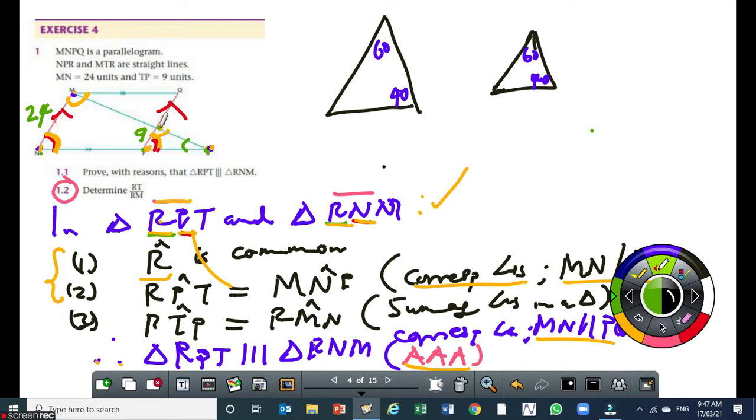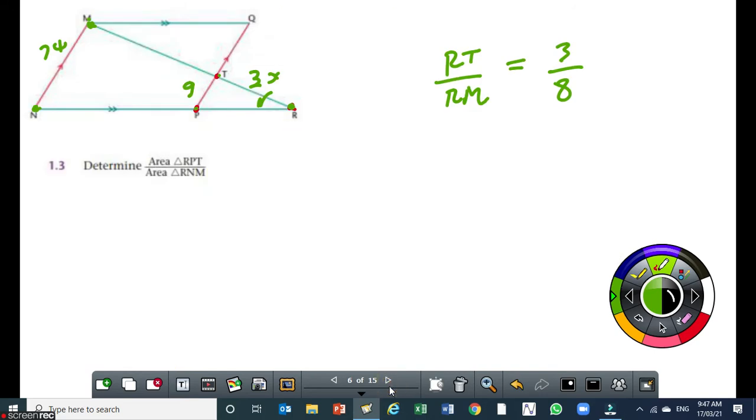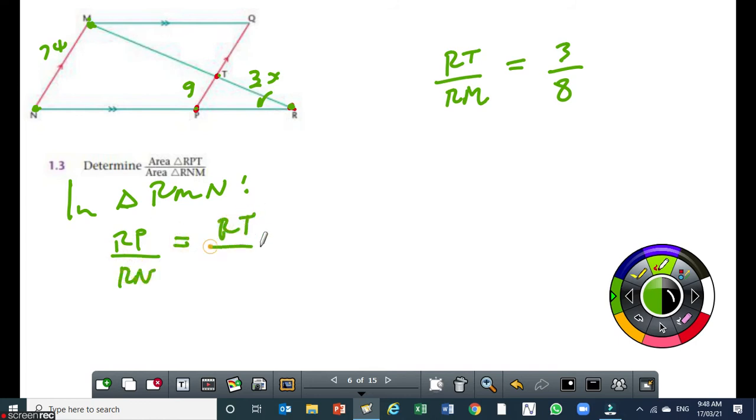So let me use the proportion theorem first. There's more than one way of doing the question, but let me use the proportion theorem. So I'm going to say in triangle RMN, if I use my proportion theorem, I can say RP over RN is equal to RT over RM.